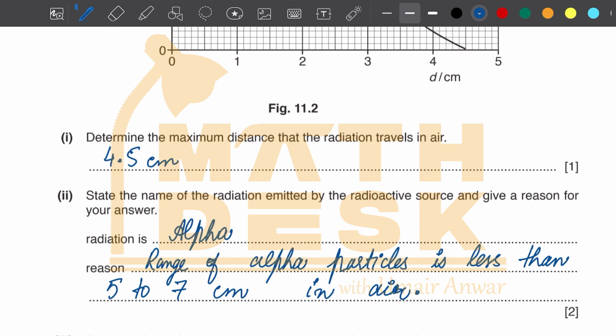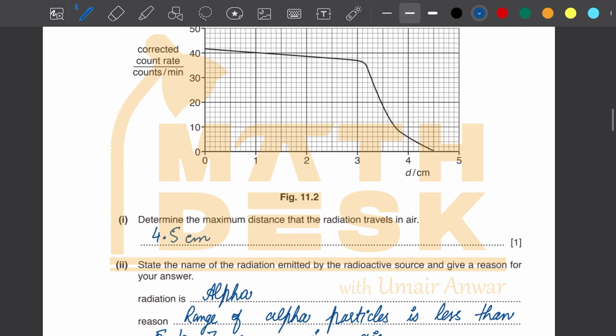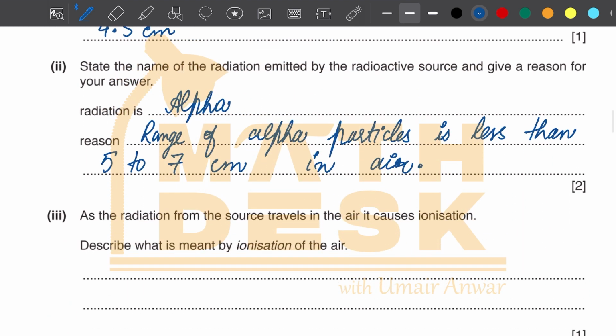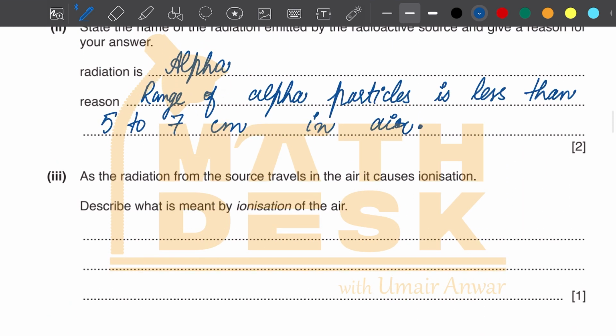So since the radiation is not able to travel more than 4.5 centimeters, it is obvious that it is the alpha radiation being emitted.